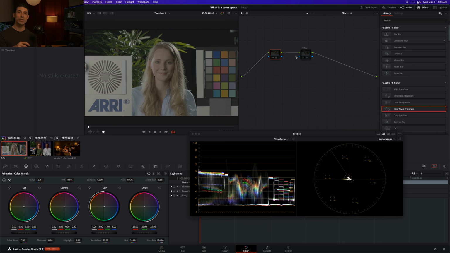And if we are going to get a reproduction on a particular display that accurately reproduces what the camera was shown, we need to translate between what the camera saw and what the display can show. We're going to do that by looking at the tonal response that we just talked about, the tone curve. And we're also going to do that by looking at, well, what does 100% red mean to this camera?